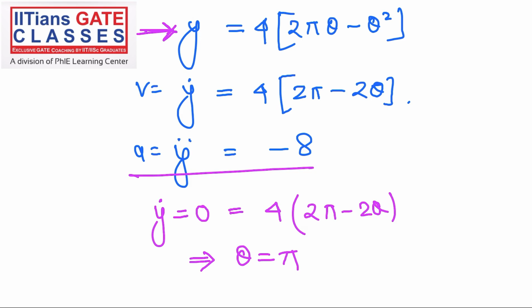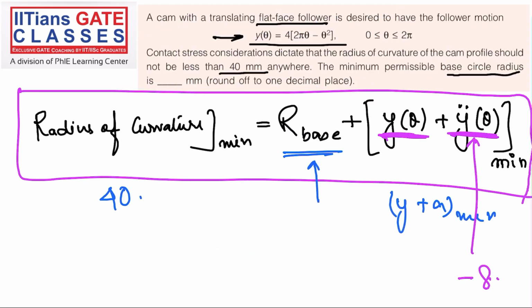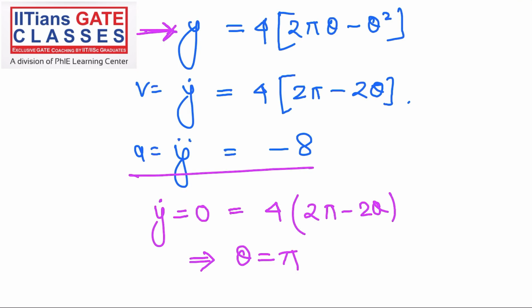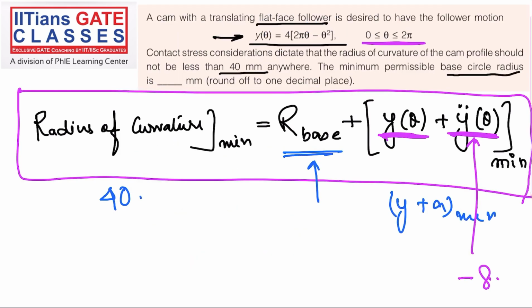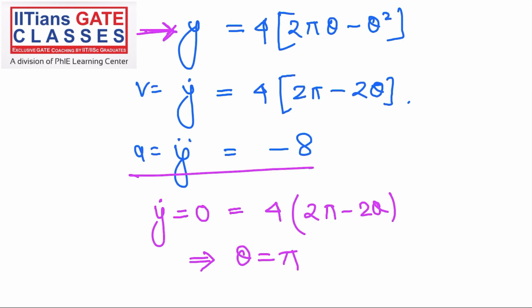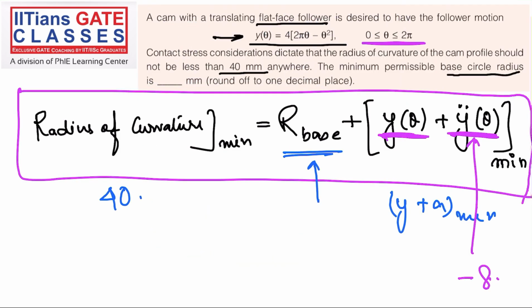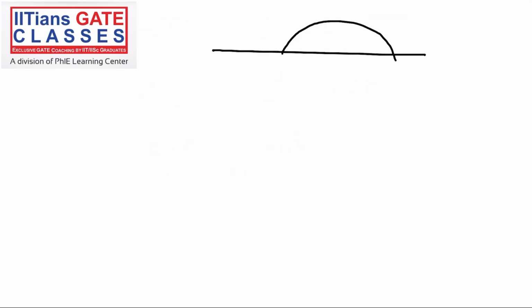If you see, theta varies from 0 to 2 pi. At the midway, when theta is equal to pi, we have a maximum. Because this is a parabolic curve, with theta square, this is how the curve should approximately look.